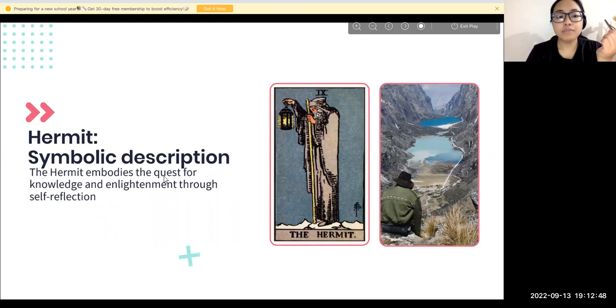So the Hermit embodies the quest for knowledge, enlightenment through self-reflection, right? Because he's looking far away, down an unknown road. He has no idea where he is moving, but he's definitely going that way to find some answer, to enhance his knowledge. It's also self-reflection and self-introspection, away from the chaos, away from whatever chaotic happening in life.